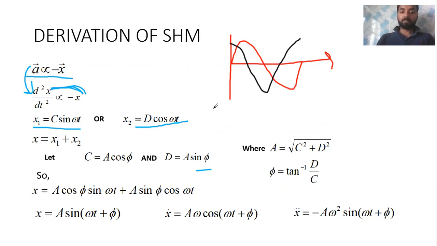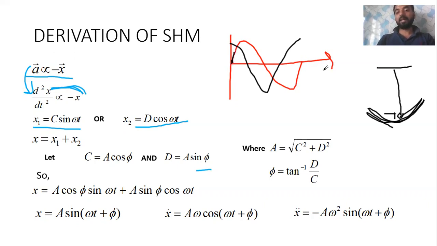Now, how will you understand this physically? If I am taking a pendulum, and I am striking it here and it starts oscillating like this, then this particular pendulum is following the sine motion, because it is starting from mean position.